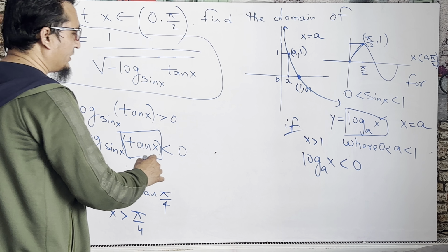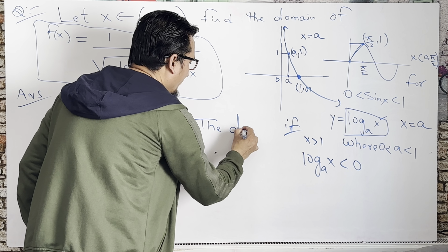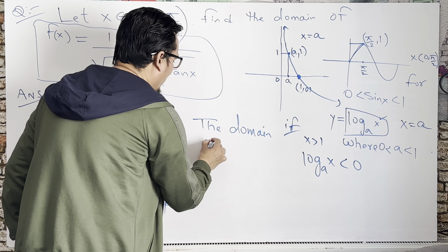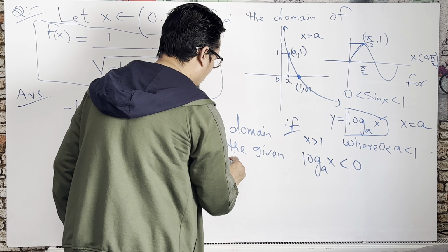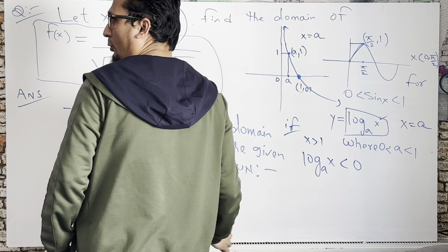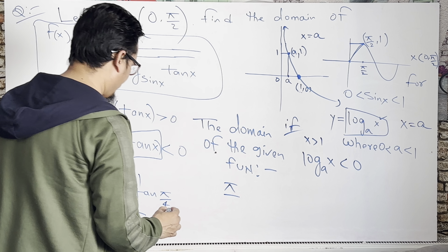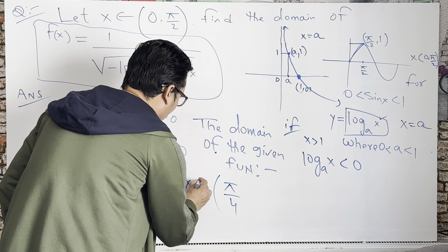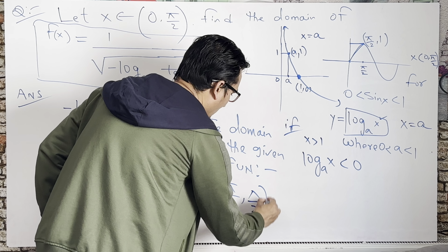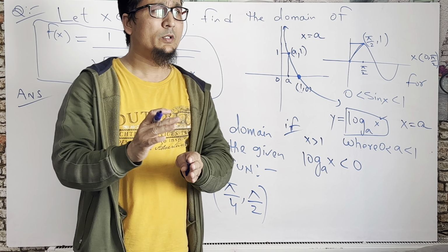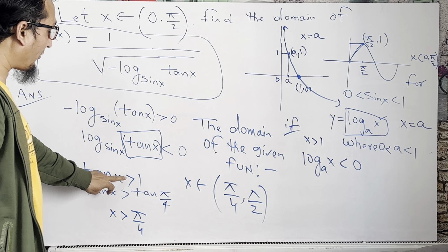So we have a condition that the domain of the given function is greater than pi by 4 and the maximum is pi by 2, because the value of tan at pi by 2 is 1.57, something like this, which is greater than 1, right?